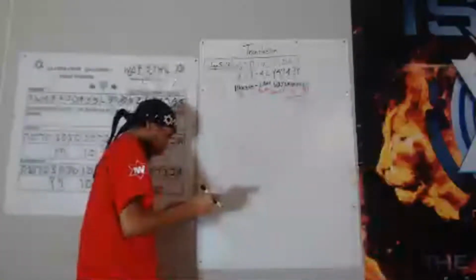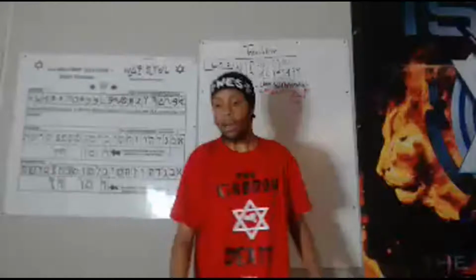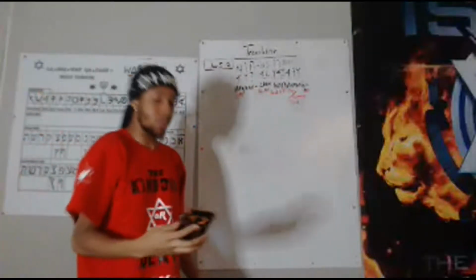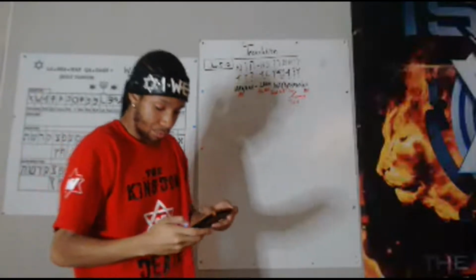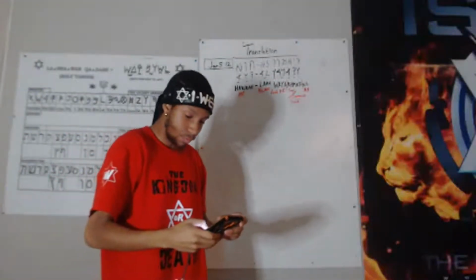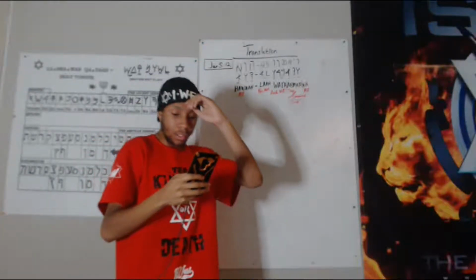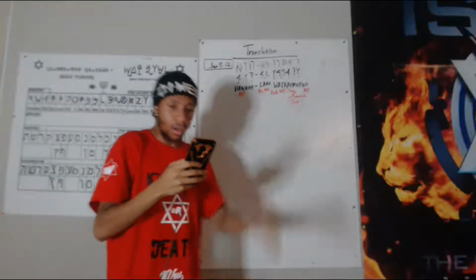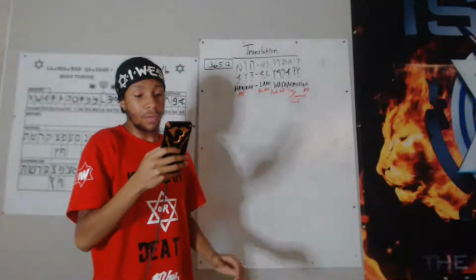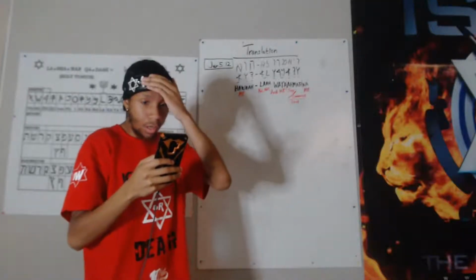Let me see something real quick. If I was to read the scripture, Jeremiah 5:12, this is what it says. Actually, I'm going to read verse 11, but to understand 12.